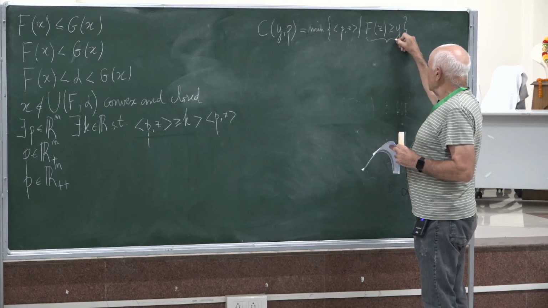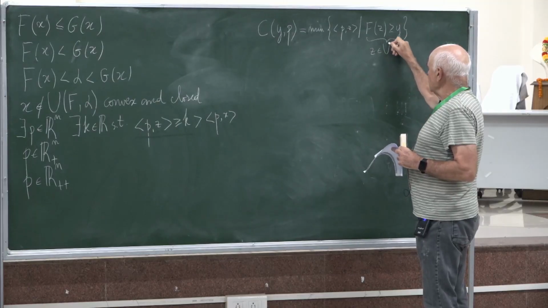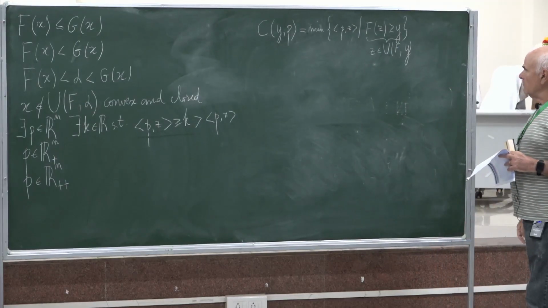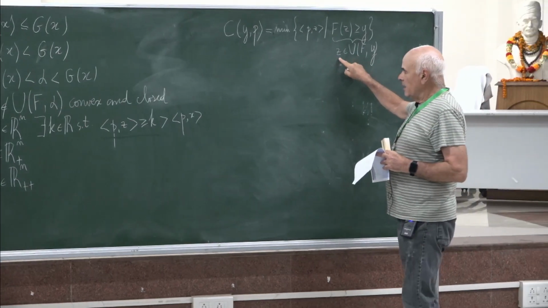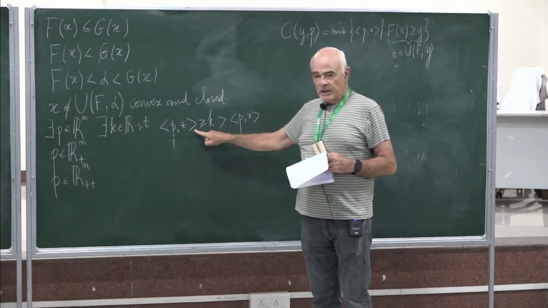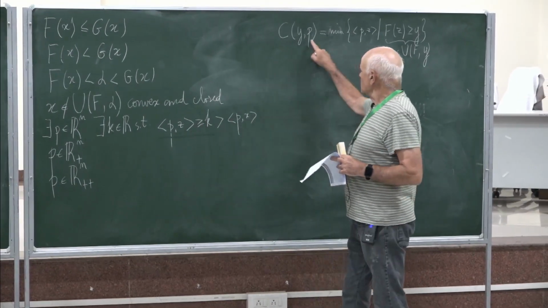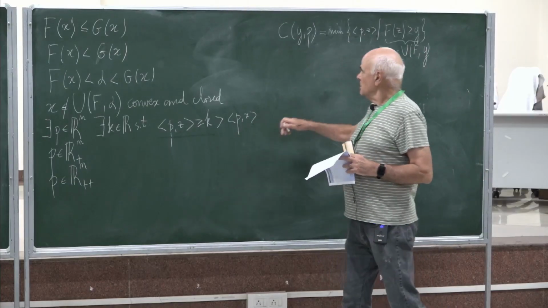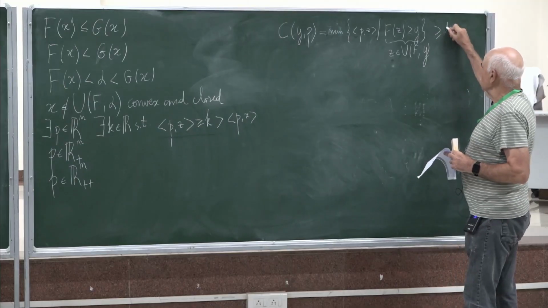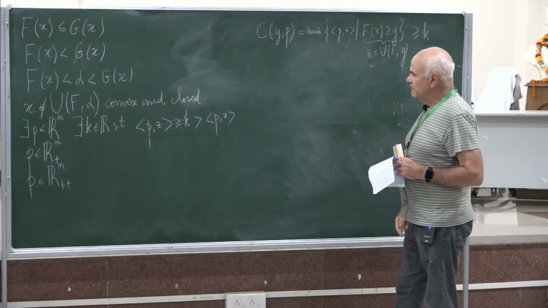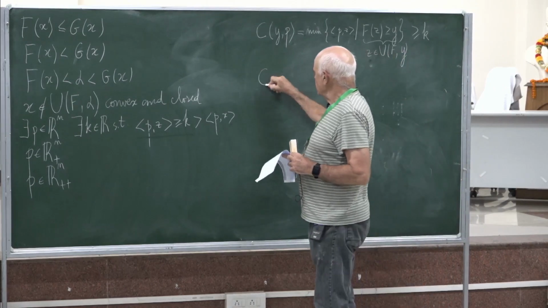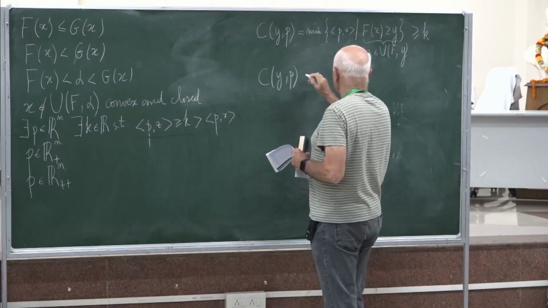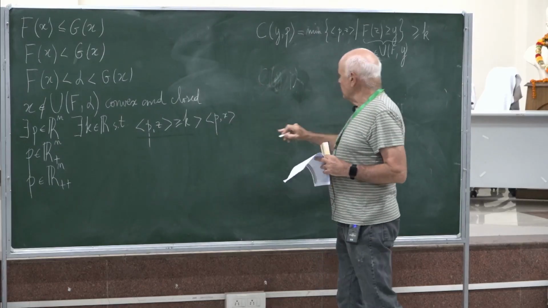That is to say that z is in the upper level set of f corresponding to the level y. And we know that for every such set, we have this inequality. So all these inner products are greater than or equal to k. So this must be greater than or equal to k. So we have C of yp greater than px, because k is greater than px.